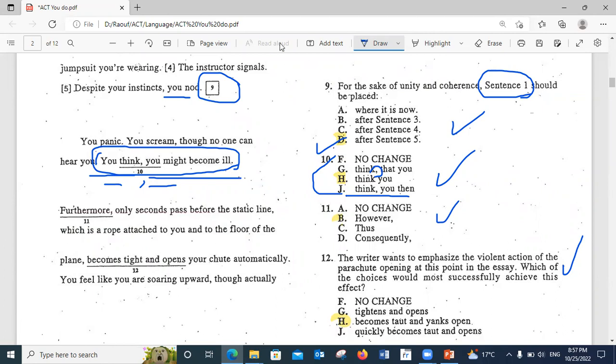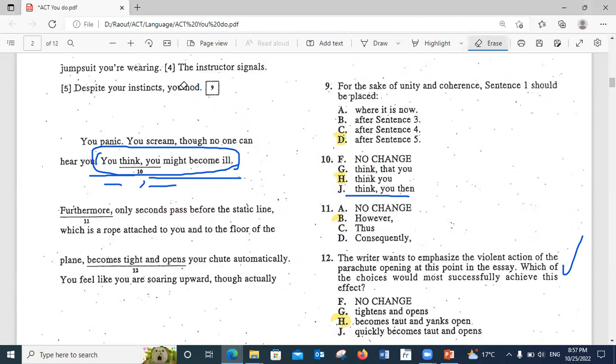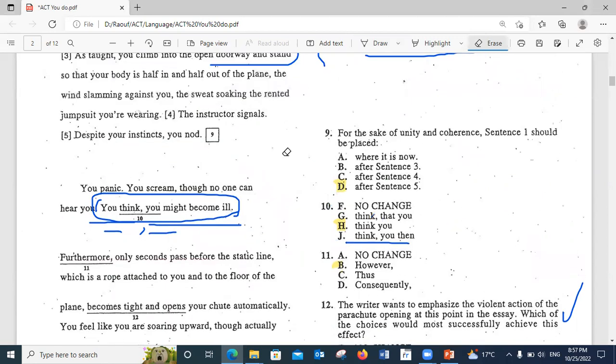Do you have a question, Yusuf? Or you raised your hand? Yes, please. Your question? Number 9. Why is it not the instruction? Yes, he gave you instructions. So why shouldn't we just put 1 after 3, which is also an instruction?